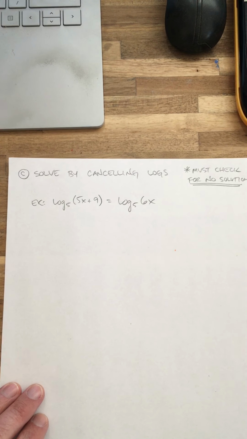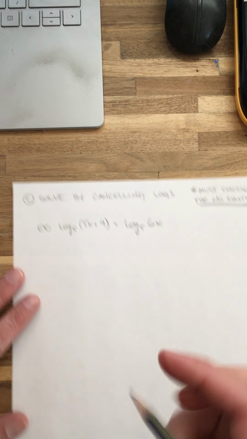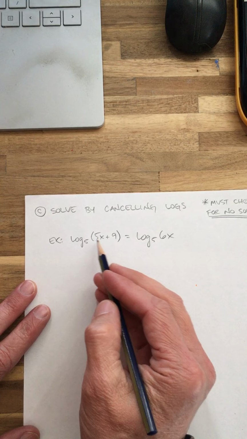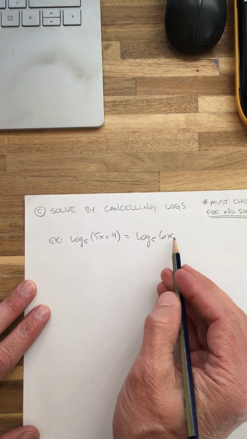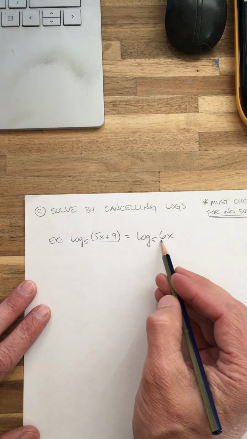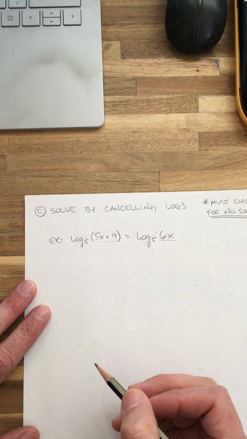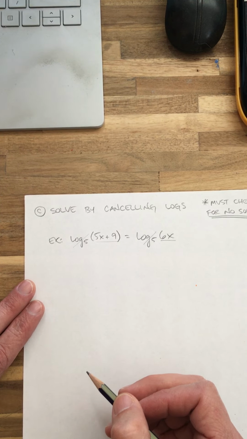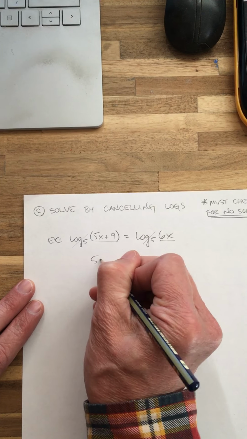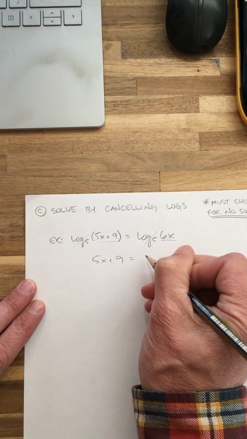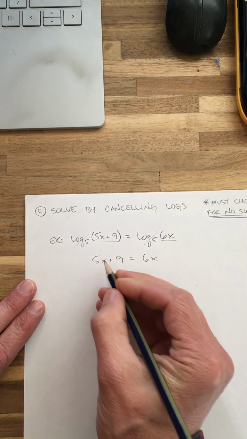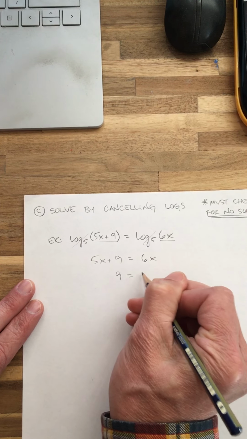All right, so here we go. The log base 5 of this equals the log base 5 of this. That means that this has to equal this, so you can get rid of the logs. Cancel the logs, and we are left with 5x plus 9 equals 6x. Move the 5x over, we get 9 equals x.